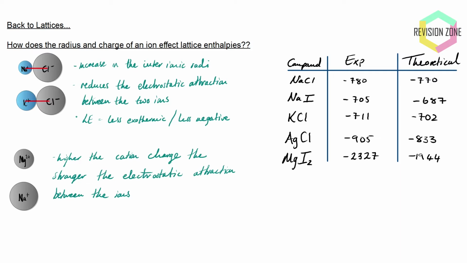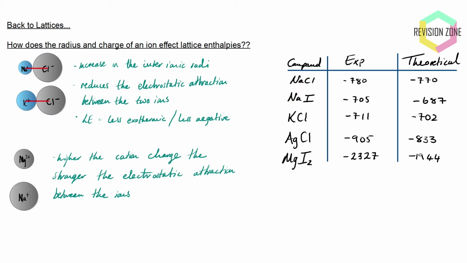But how does the change in the negative ion, the anion, affect the lattice enthalpy? I've got two here at the top, sodium chloride and sodium iodide. Chloride and iodide, or chlorine and iodine, are in the same group. We know iodine's a lot lower down than chlorine, so iodine is going to be a lot larger. The positive ion hasn't changed, so that's static.